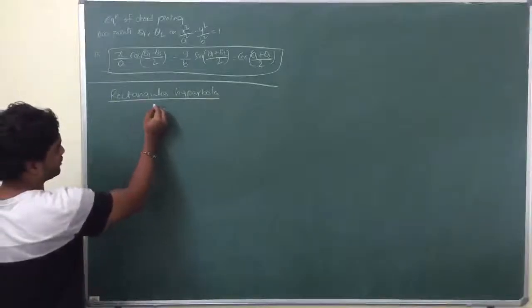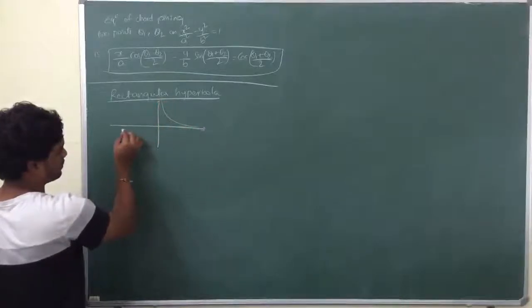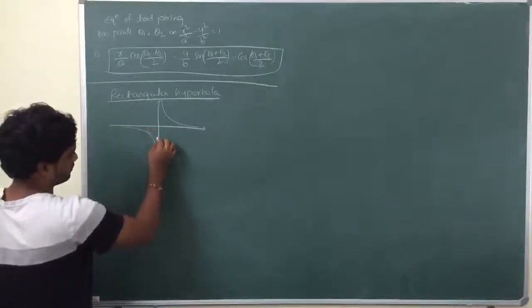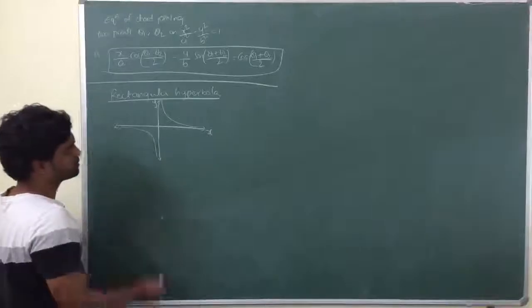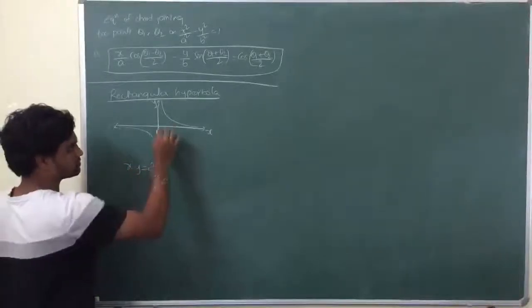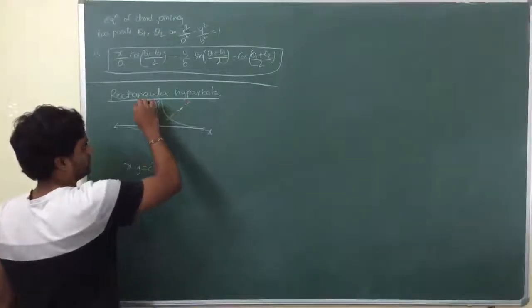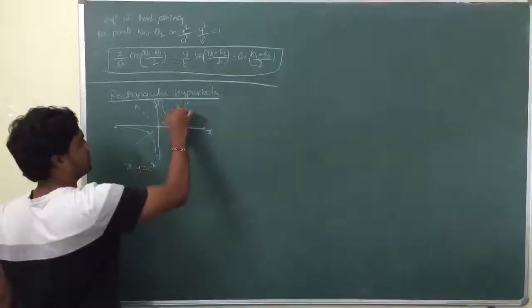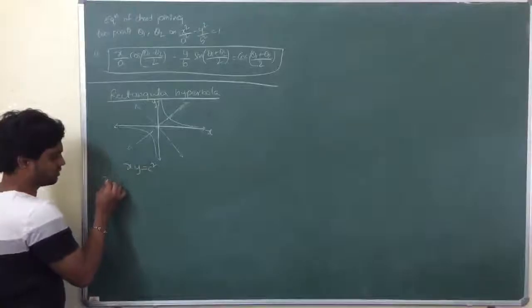Rectangular hyperbola xy is equal to c square. Transverse and conjugate axis.